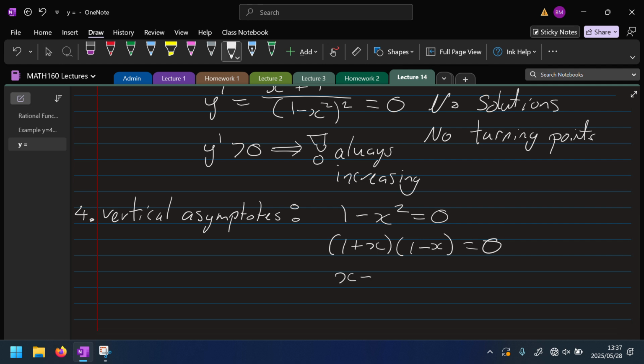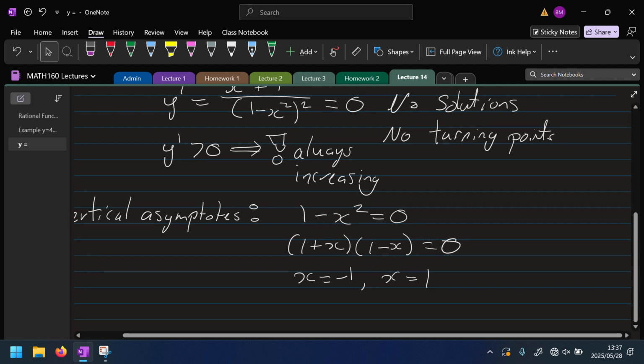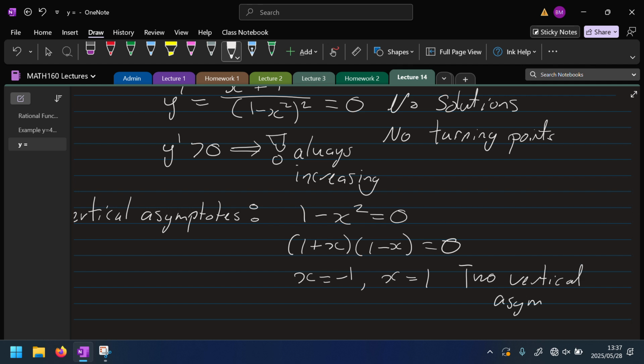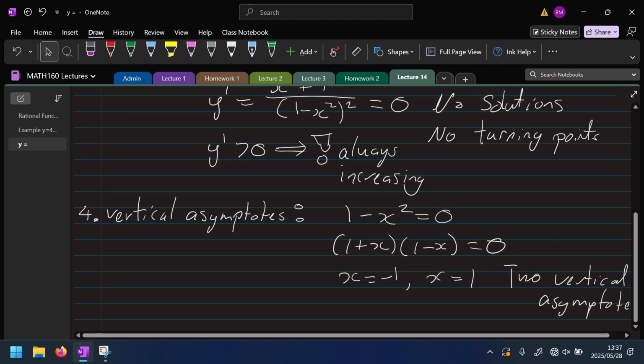We're going to get x equals minus 1 as our first vertical asymptote, and x equals 1 as our second vertical asymptote. Okay, there's two of them. Two vertical asymptotes. Okay, so that helps us a bit.